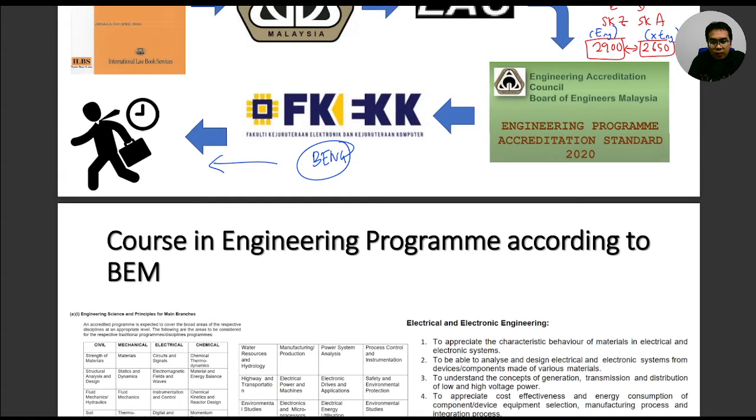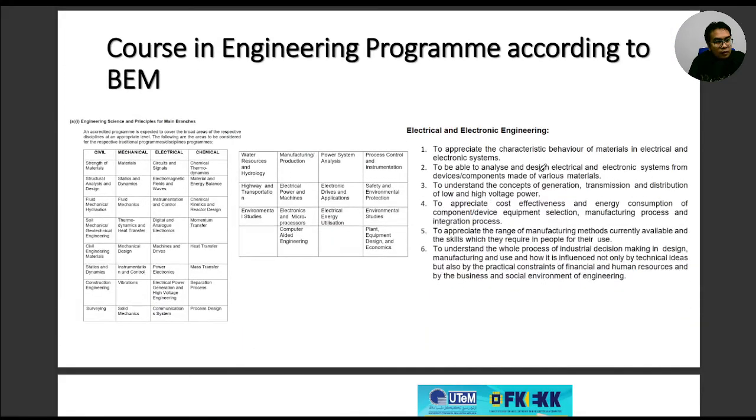Since we are referring to the EAC standards, based on the Engineering Program Accreditation Standard 2020, from this standard we can see that we have a spec, which is the closest specification for subjects given in those particular programs, for example electronics and electrical. Okay, right?